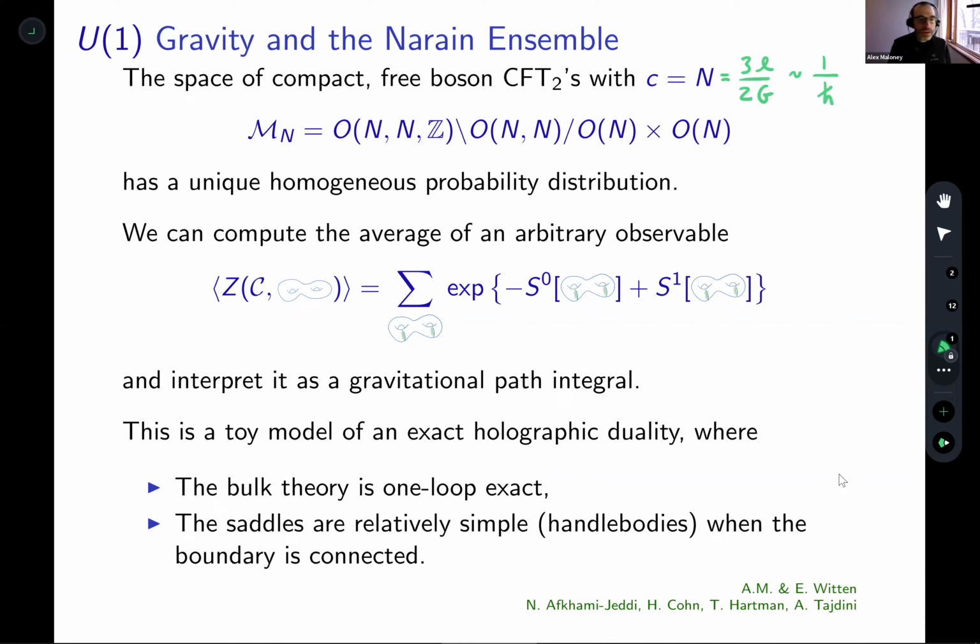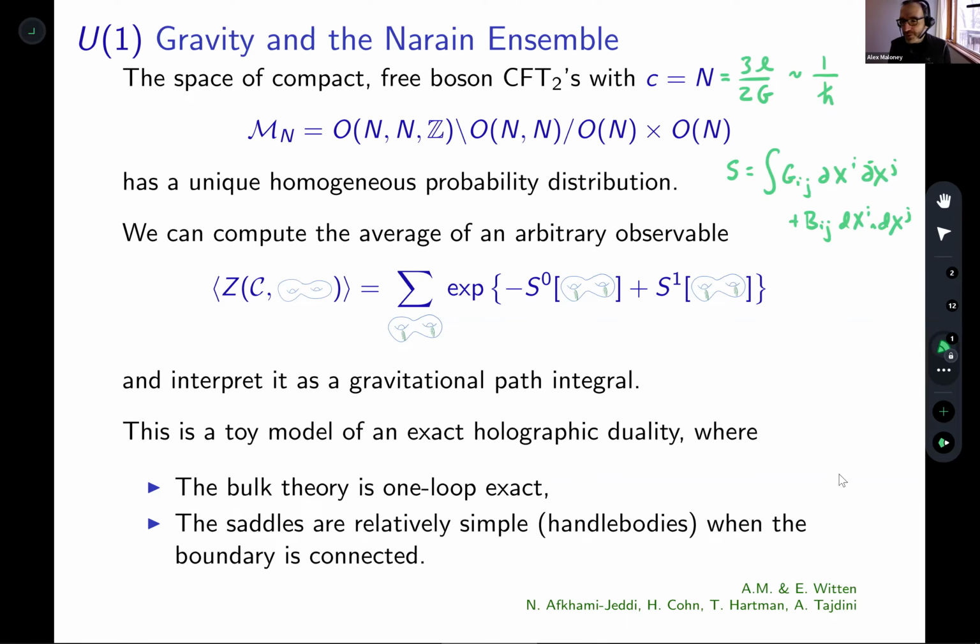Now, the space of free boson conformal field theories is finite dimensional. Why is that? Well, a typical free boson conformal field theory would involve a target space metric. So here, X is my name for a free boson field labeled by an index I that runs from 1 up to n.